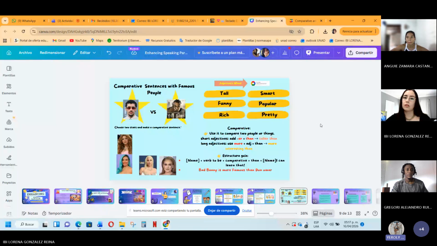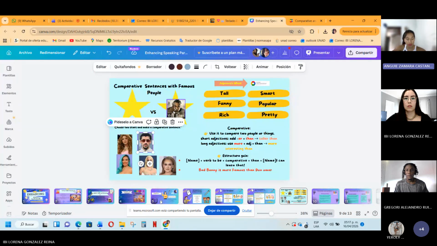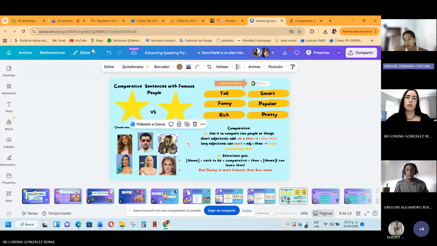For example, for the popular part, we select the other famous people. Angie, which famous people do you like to select in this case? Sorry, can you repeat the question?